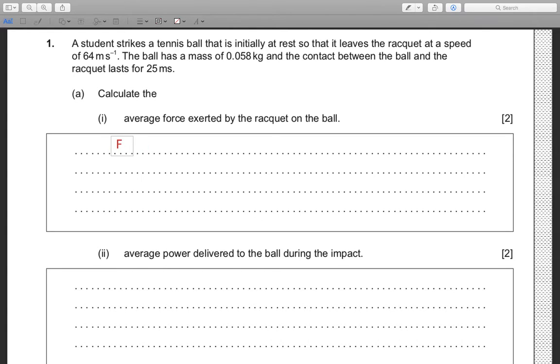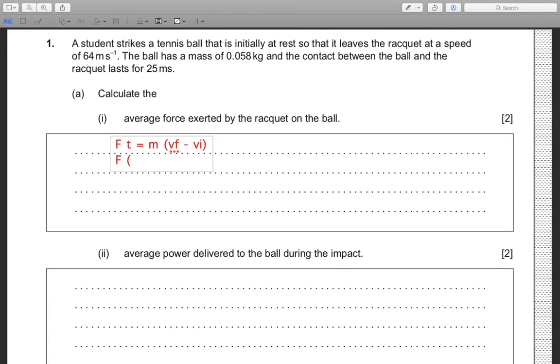Impulse: F times t equals change in momentum, mass times final velocity minus initial velocity. So if we calculate this, the force is what we will find.